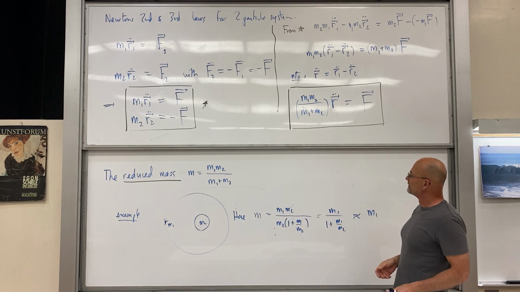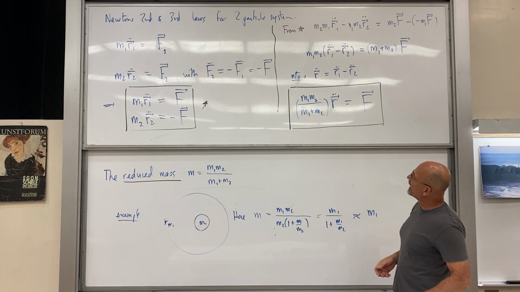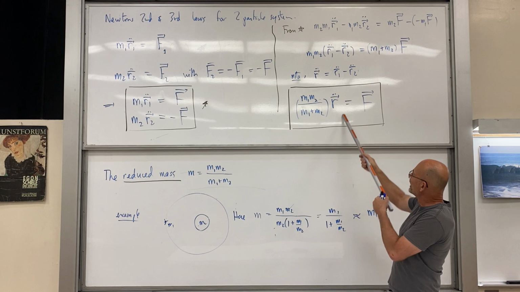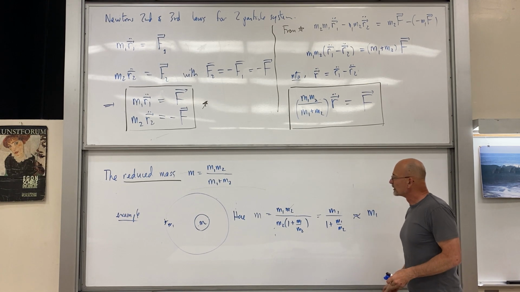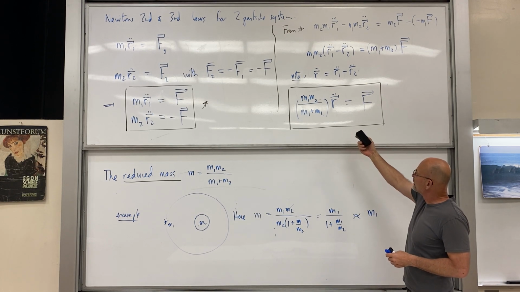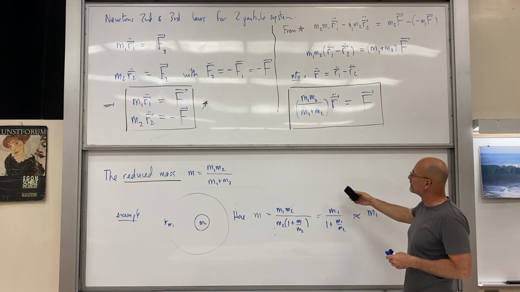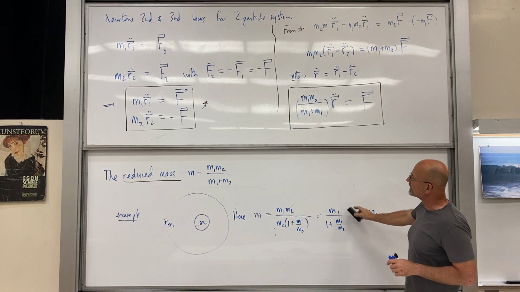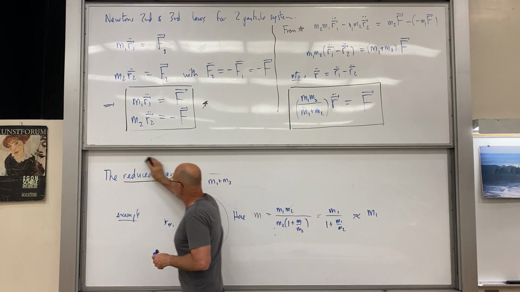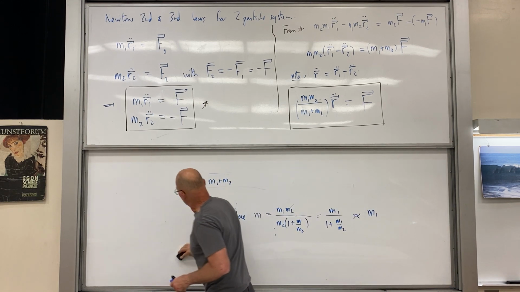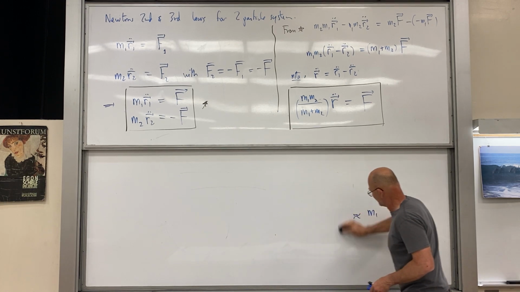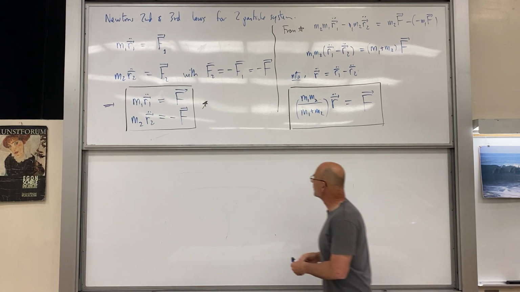Good. So that's the reduced mass, and we are right here. We're just going to rewrite this equation now. So we're back to our central force equation as we had it before. I'll go ahead and erase this board. You guys have this. So what do we have now?